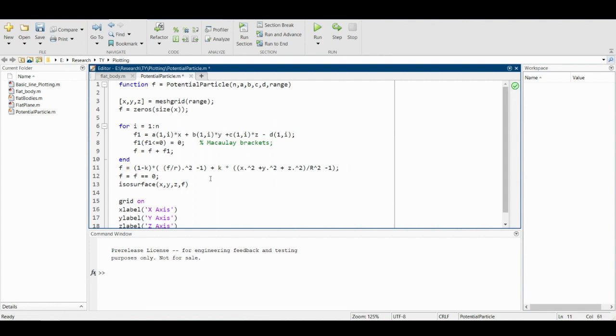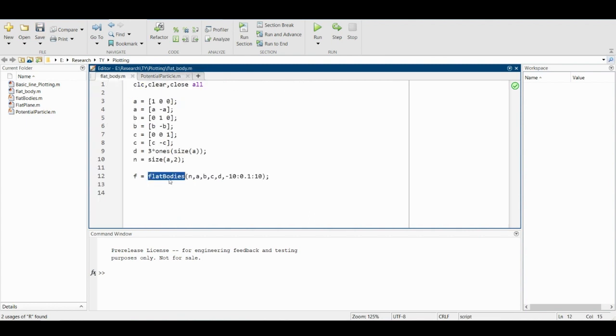Okay, minus 1 and close it. There are 3 new inputs. Let's write them down. One is r, one is k, and one is capital R for sphericity. The rest would be the same. Let's run it and see if it's working or not.